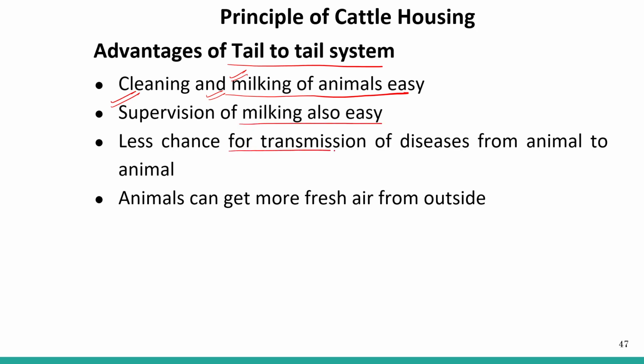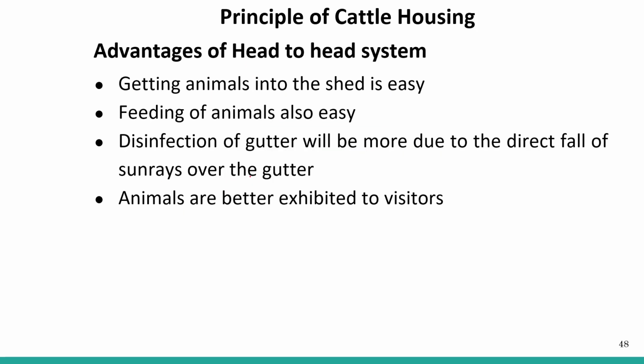Less chance of transmission of disease from animal to animal, because in this way animals are kept quite away from each other in the tail to tail system. Animals can get more fresh air from the outside. So this is one of the advantages of the tail to tail system.